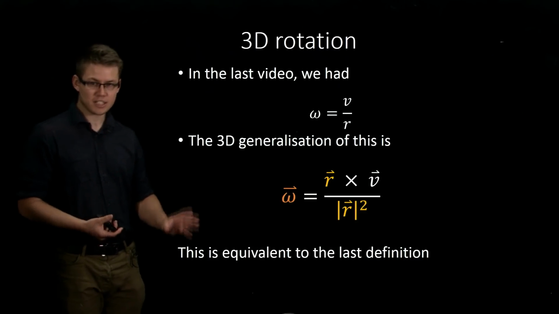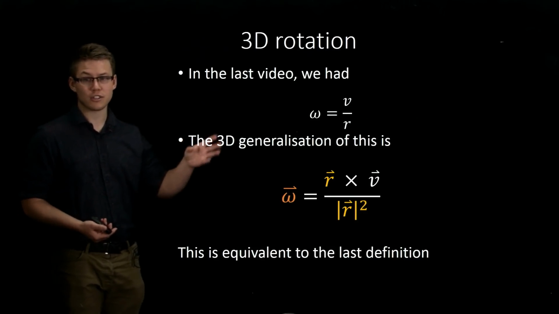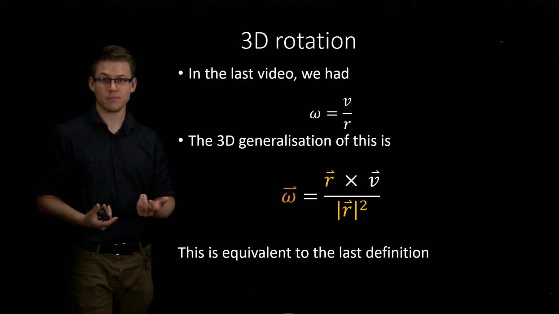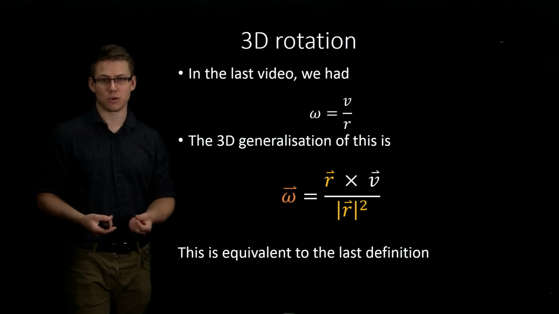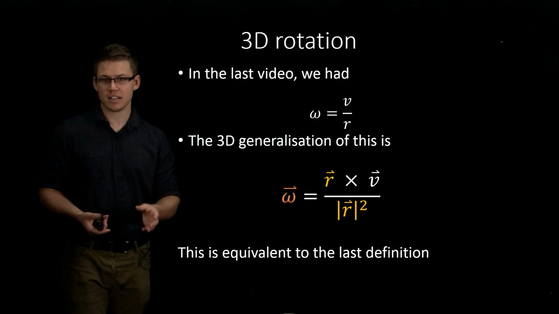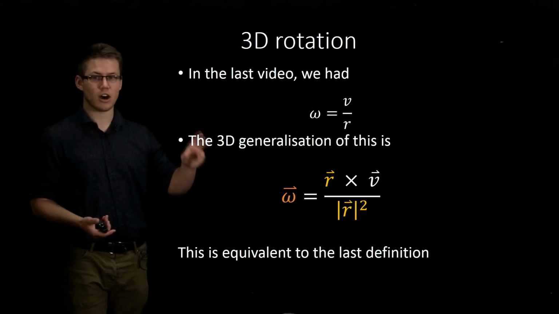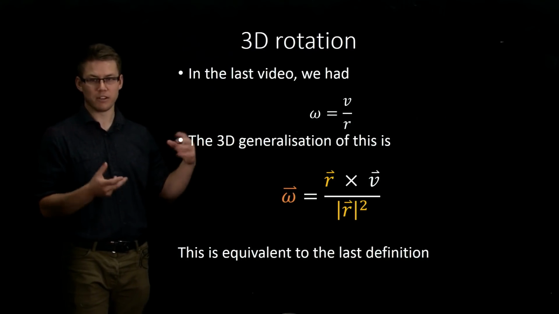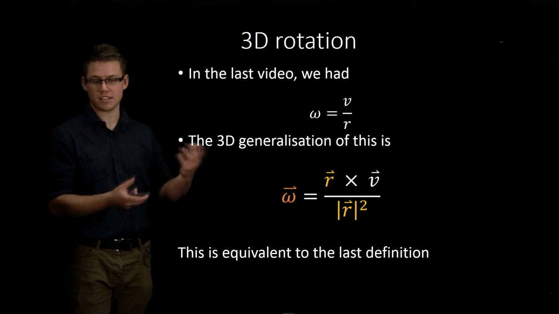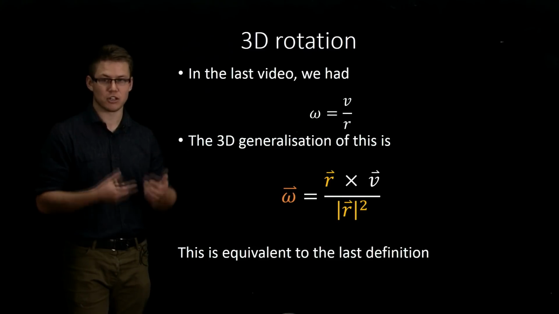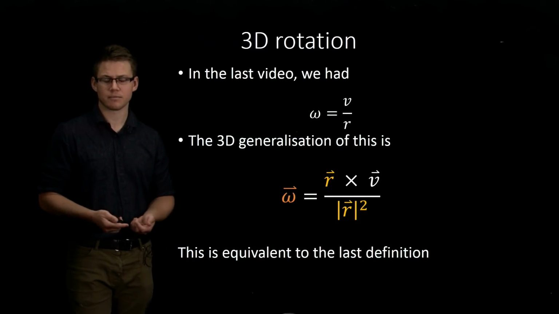Omega as a vector is equal to r cross v, which, as a cross product, gives you back a vector, divided by the magnitude of r squared. Firstly, we can say dimensionally that this works out to the same thing. We have a magnitude of r and magnitude of v on the top, and we divide by magnitude of r squared, so this is something like v over r. So this matches with the simple version, omega equals v over r.